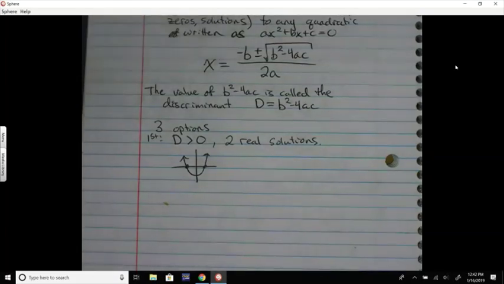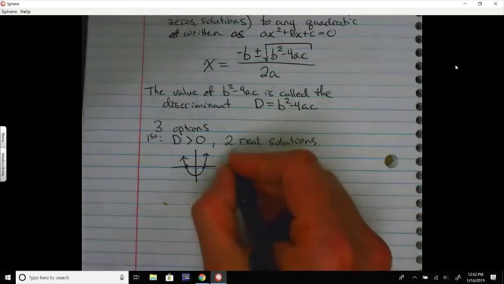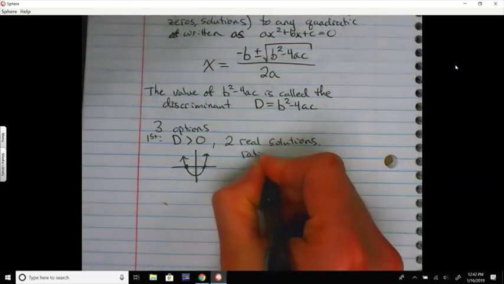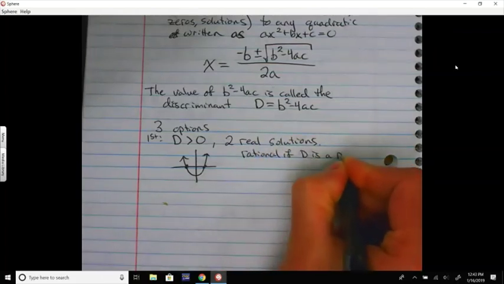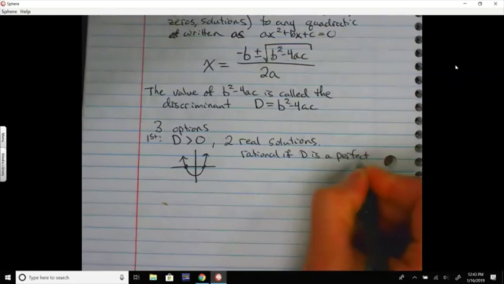Sometimes your solutions are nice, clean numbers, and sometimes they're weird square roots. Okay? So your solutions are rational if D is a perfect square.